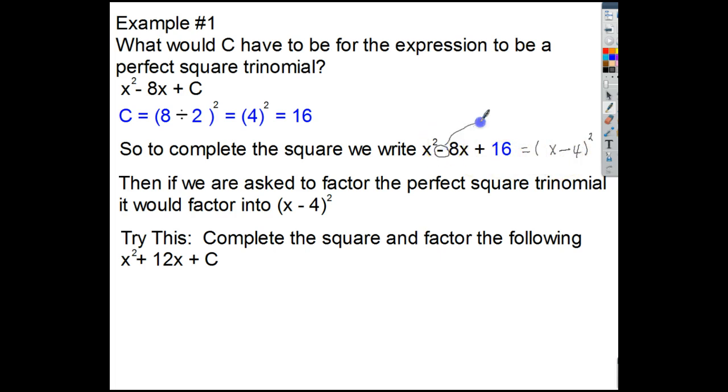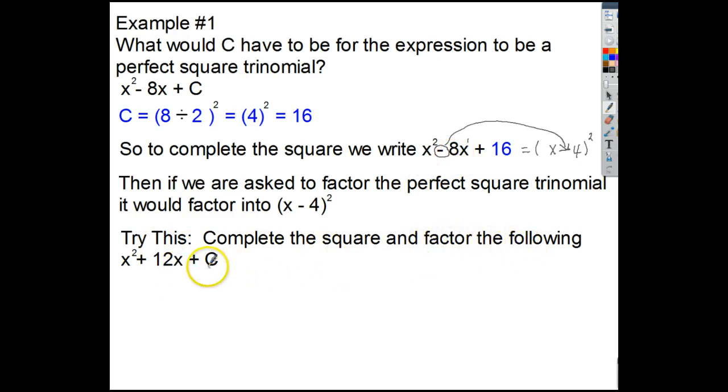So let me note that these signs are always going to be the same. In the trinomial, the sign on the linear term, or the x to the first term, whatever that sign is, that's what's going to be between the two terms in the binomial that you square to get this perfect square trinomial. Okay, so try this, complete the square, and factor the following.